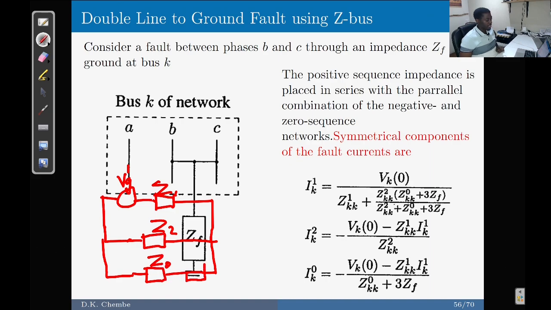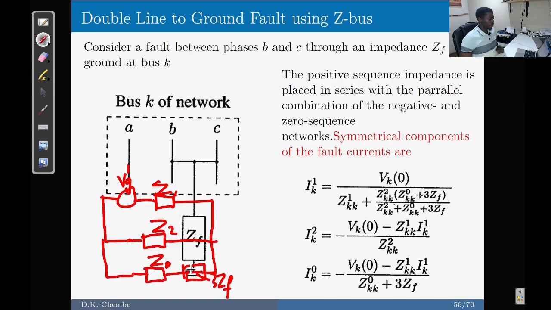Obviously we can add the fault impedance, which is 3ZF, in series with the zero component.